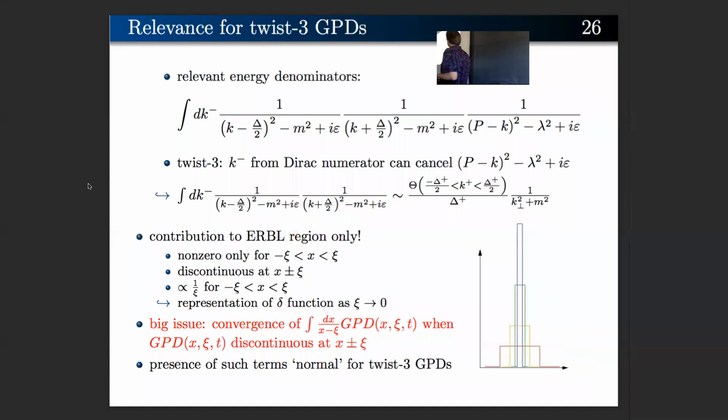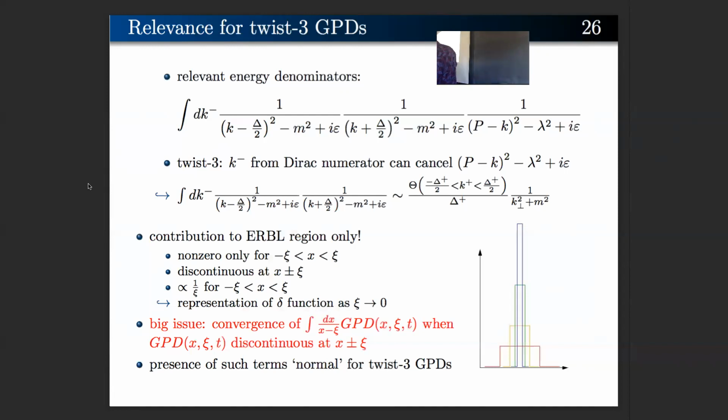Now for GPDs, it's a little more complicated. What you get is not a double pole where the propagators have the same momentum, but because you have some momentum transfer, you get 3 different propagators. But you can still play the same game where you cancel out this propagator using the algebraic identity that I showed you before.